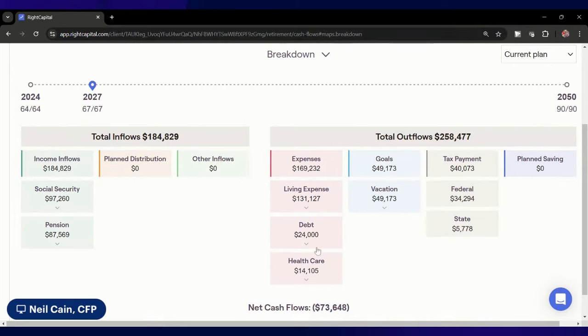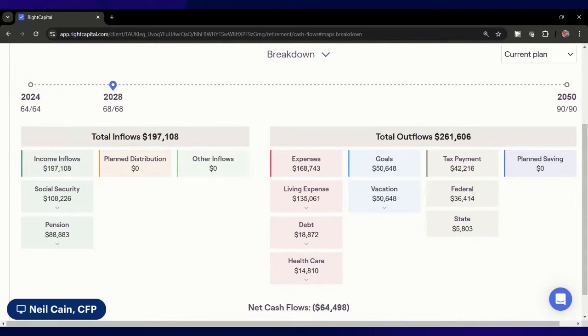All the other expenses remain the same. So at this point, we need about $350,000 for the first 3 years of this couple's retirement. That's going to be in their short-term bucket. From here, we're going to advance the timeline.